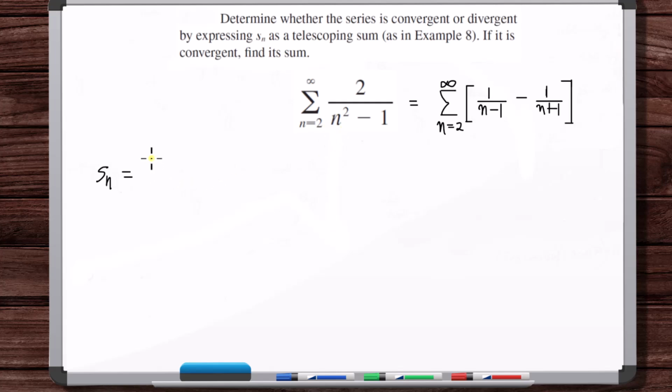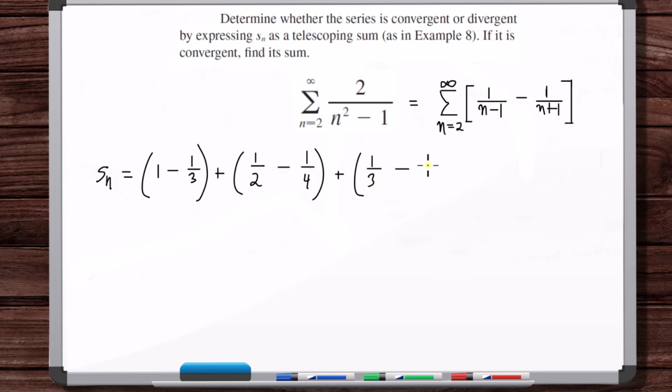So, okay, we've got 1 minus 1/3 plus, now n is equal to 3, 1/2 minus 1/4 plus 1/3 minus 1/5 plus, let me do one more, 1/4 minus 1/6 plus, okay, and then we can do the n minus 1th term.